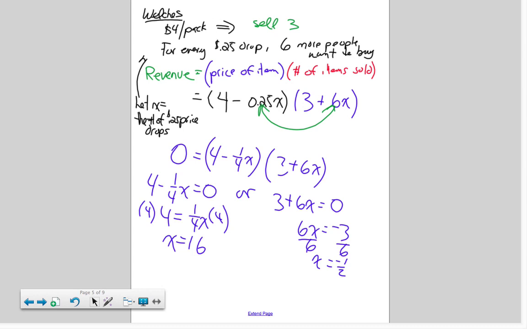How do I get my vertex from here? You had the x-coordinate of the vertex as r plus s divided by 2. Right, so I take these and divide by 2.